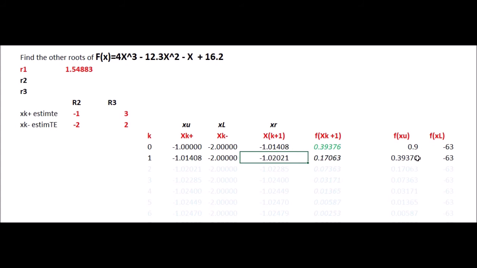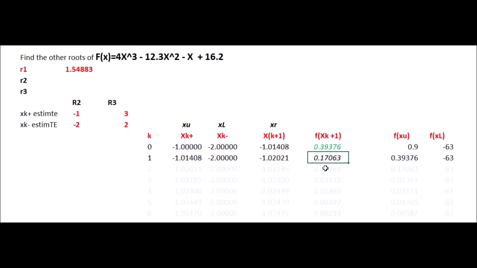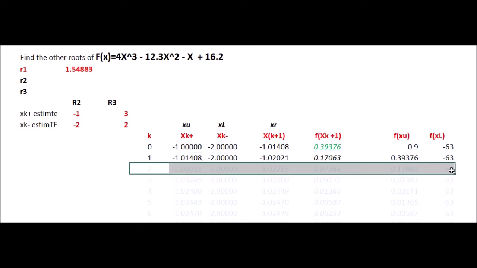First, sinolve ko muna itong FXU and then FXL. Then, solve the XR using itong formula natin. You should get this one. Pause the video to verify the calculations here. And then, substitute natin sa equation. You should get this. Since it's not yet 0, ibig sabihin, I would continue to my next iteration.